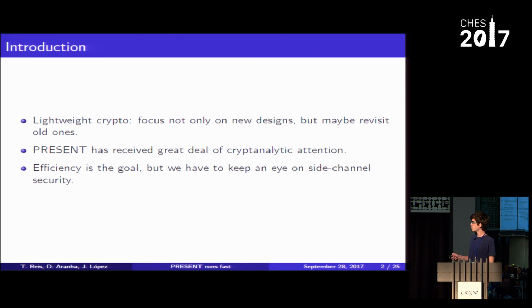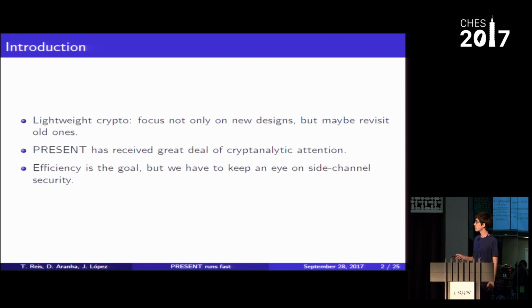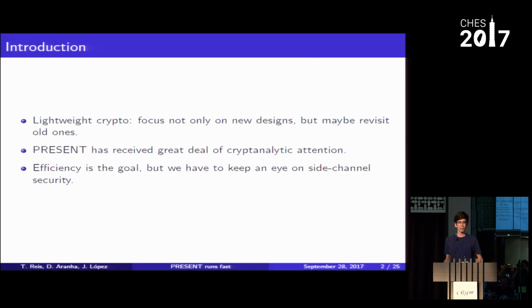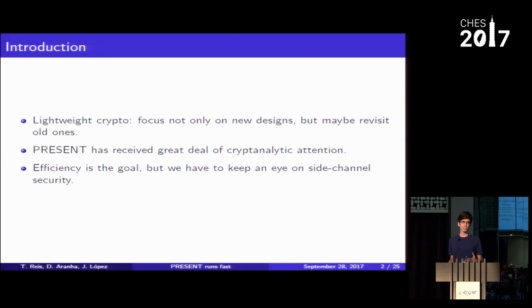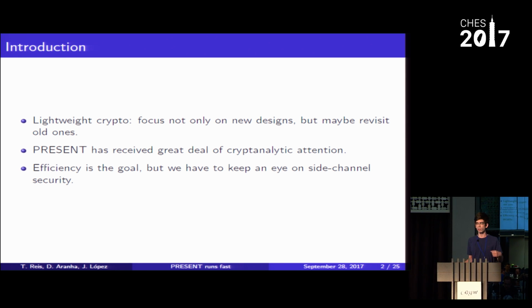It's also important to notice that efficiency is the main goal of our implementation here, but we take care about good practices towards mitigating side channel attacks. For example, our implementations are always in constant time.